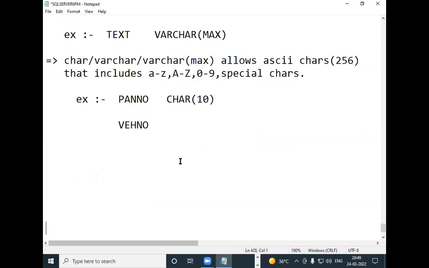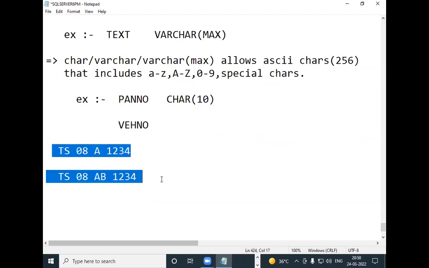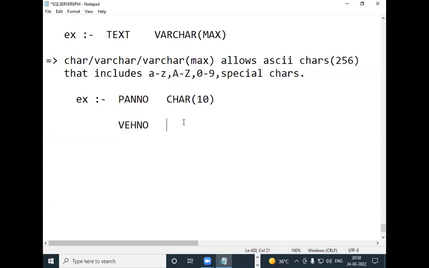Some vehicle numbers are like TS08A1234, and some are TS08AB1234. So only this part changes. Then it is variable length, so varchar.